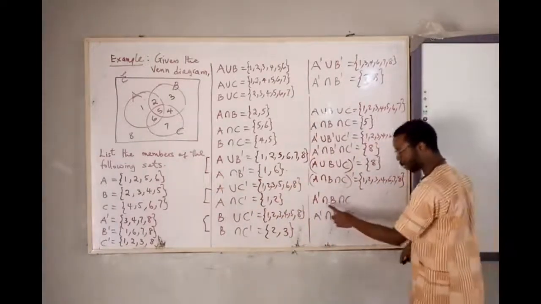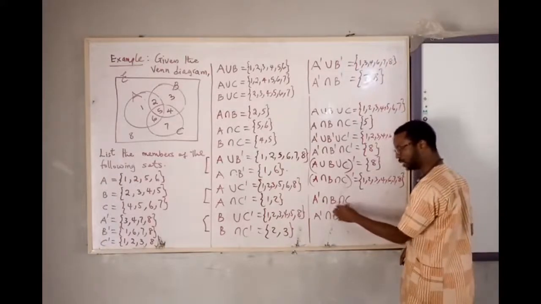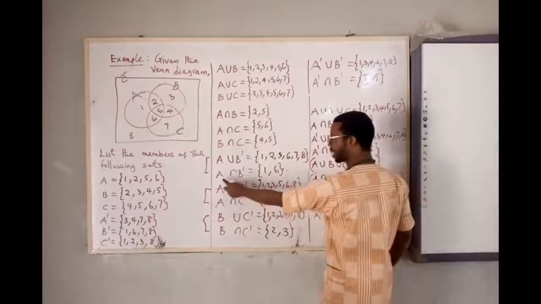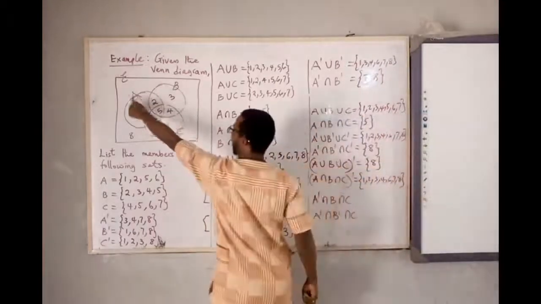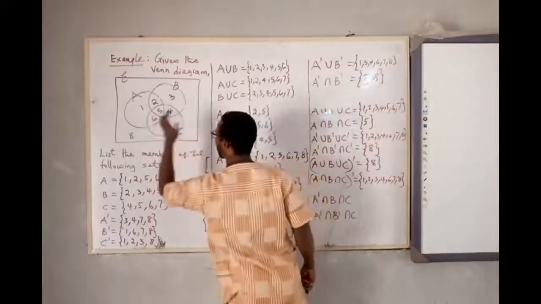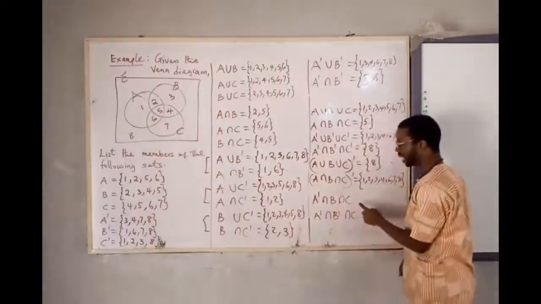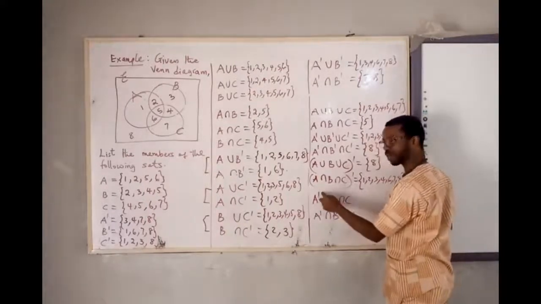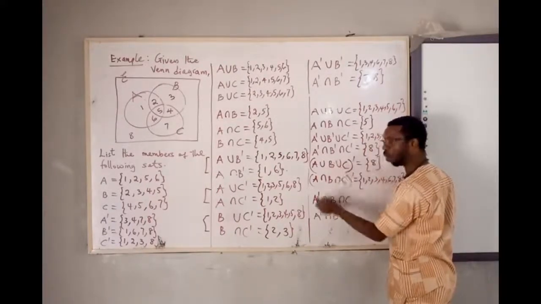This one then, we mean B and C only. So my business is B and C. Here, my business was A. I came to A and I removed what belonged to B in A. I had 1 and 6 left. So when I come over here right now, I have B and C before this prime. So this is B and C only.